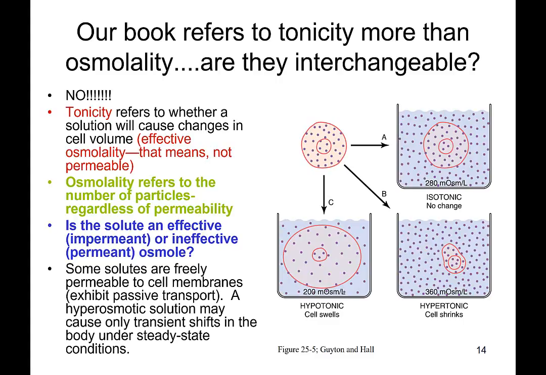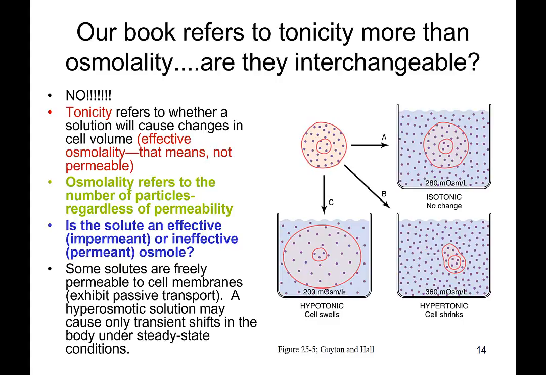But if I say tonicity, this actually is a word that tells you two things. If I say a cell is placed in a hypertonic solution, this now tells you two things right off the bat. One, the cell is placed in a solution that has a higher concentration of solutes per unit of volume than what's found inside the cell.